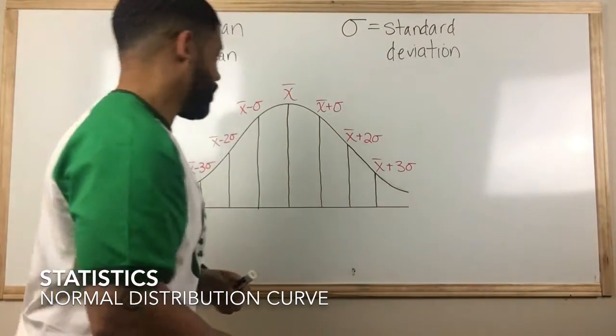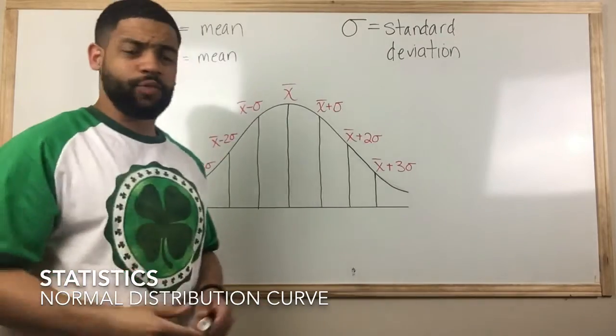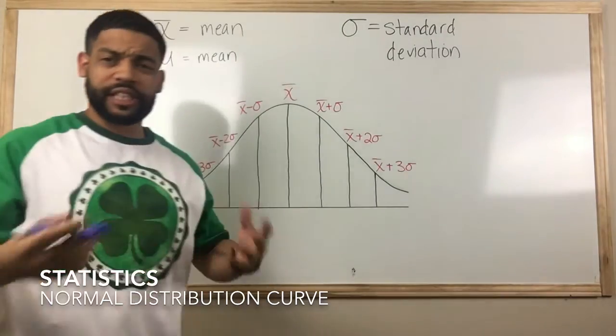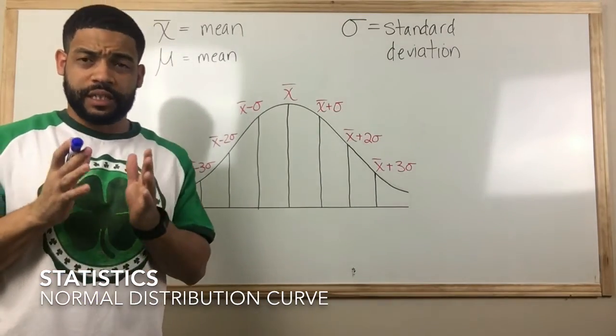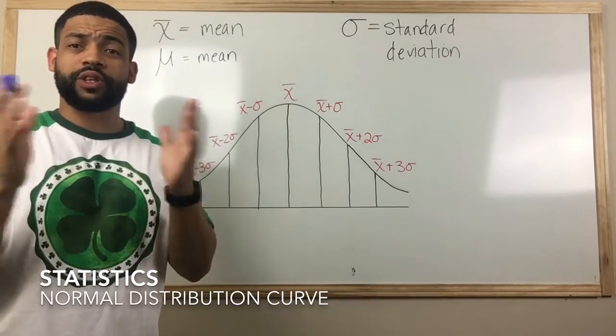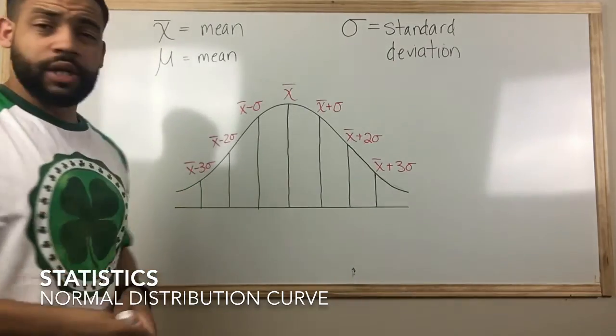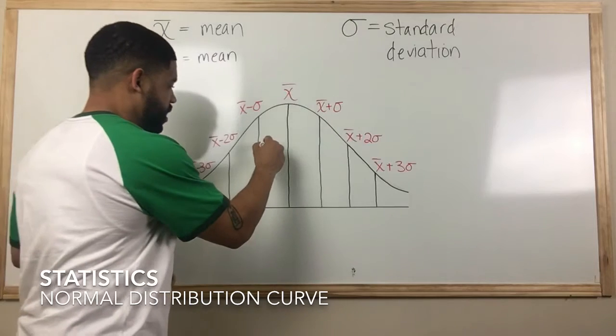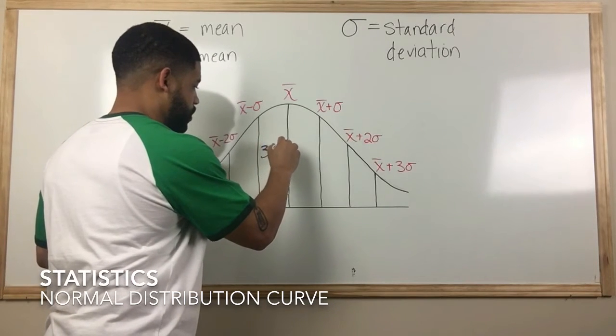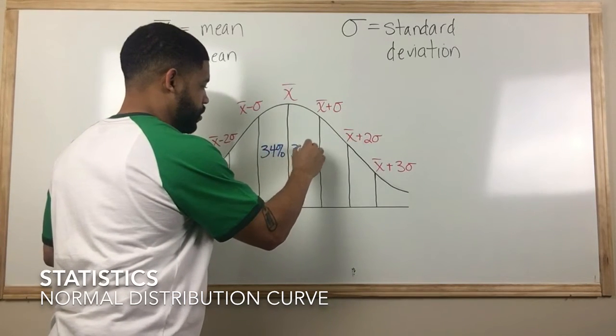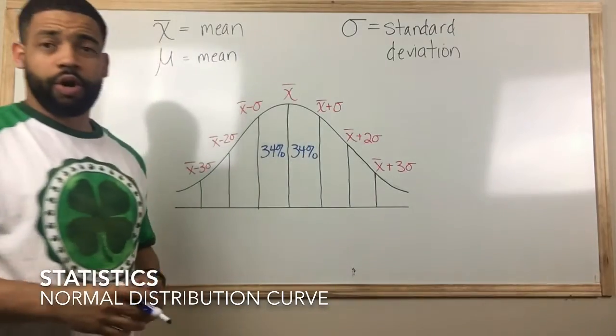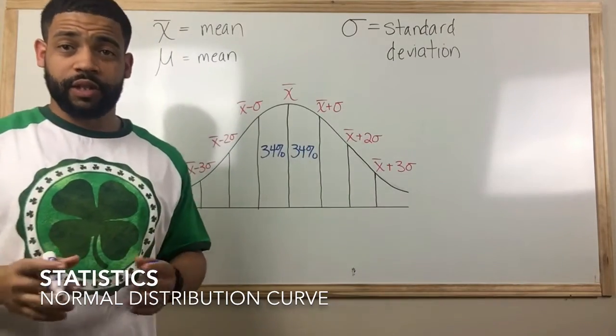All right, so once you have that, we need to figure out the percentages of the numbers in the data set that are within each standard deviation. The rule says that 68% of the numbers in a normal distribution are within 1 standard deviation of the mean.